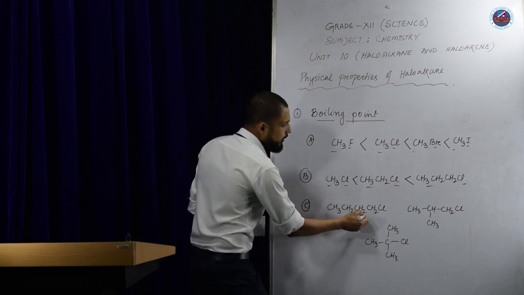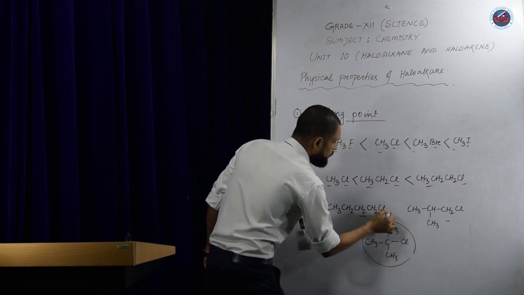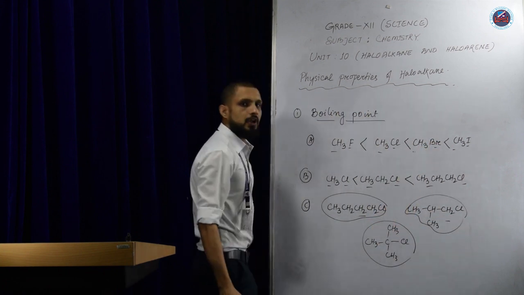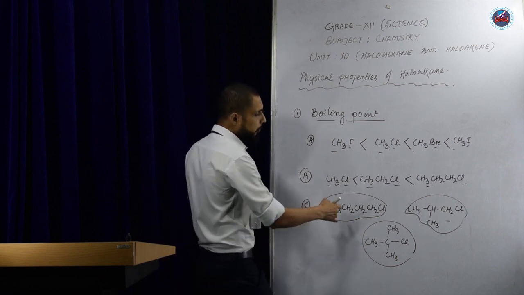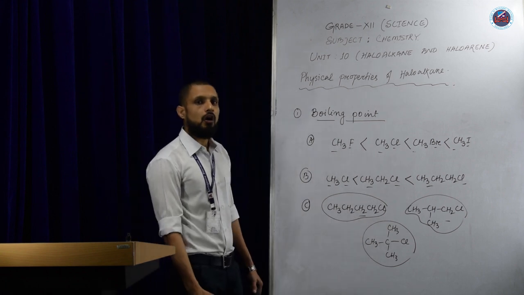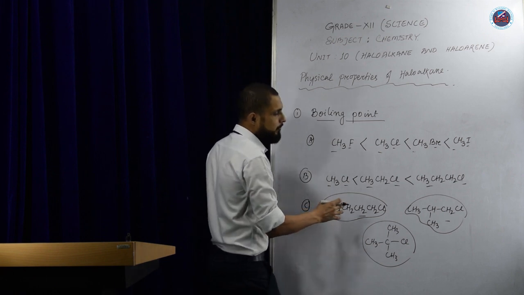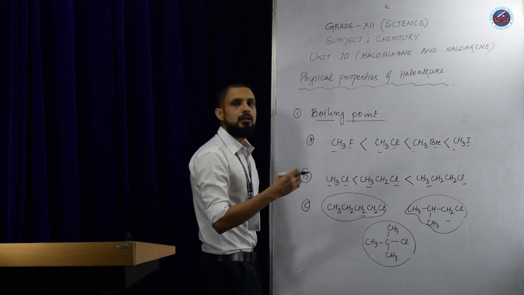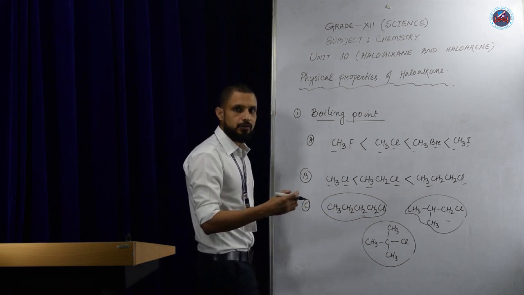So we can say the size of these compounds is the same. Now, how will you compare the boiling point? The boiling point for such compounds is compared based on the nature of the chain. If we have branching, the boiling point decreases with increase in branching.